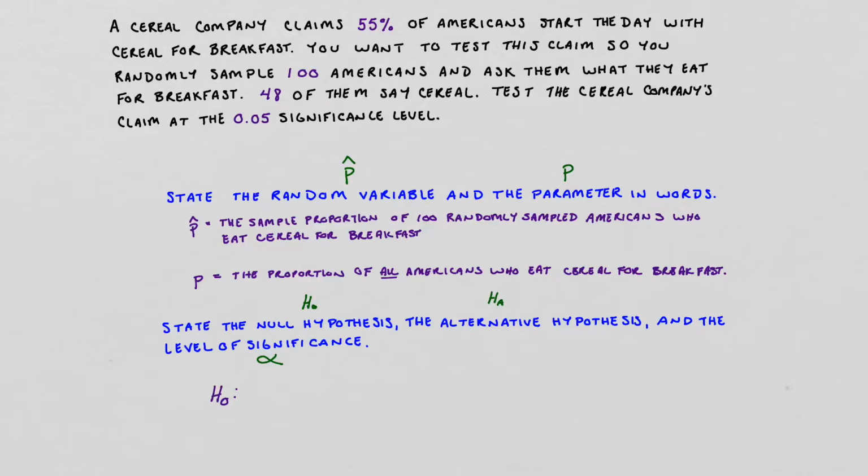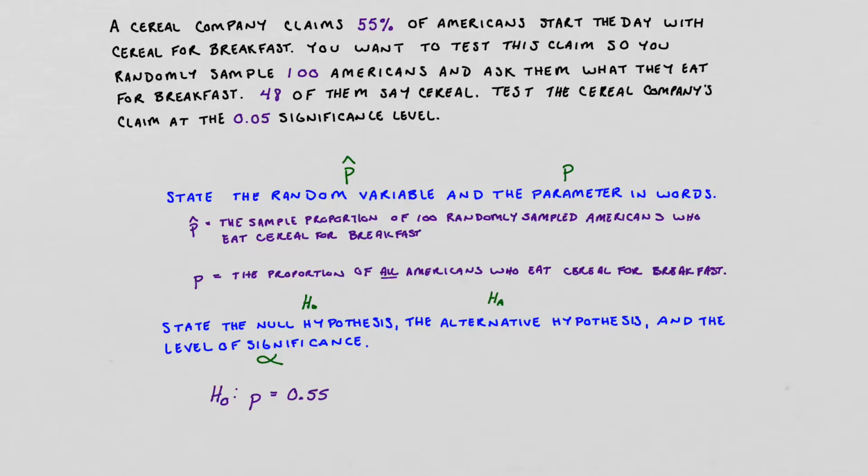So before we did anything, we are hearing this claim that 55% of Americans are eating cereal for breakfast. So what we are saying here is H sub O is going to be p is equal to 55% or 0.55. Please note that when you are setting up your null hypothesis, you are always using an equal sign here.